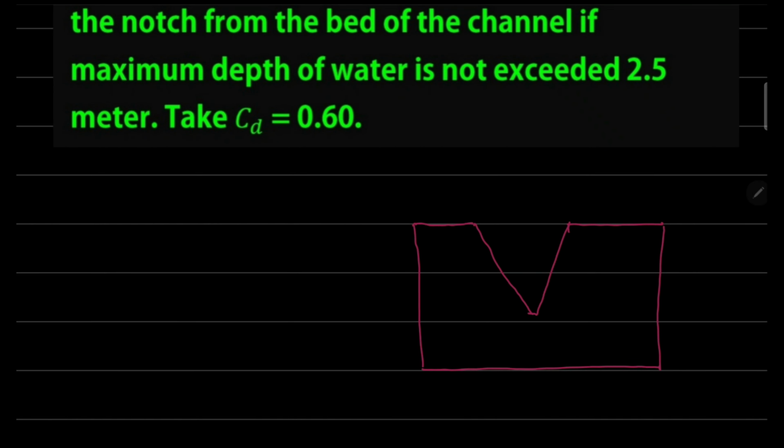So if we draw the sketch of the particular problem, the channel shown over here is a rectangular channel, in which a V-shaped or you can say triangular notch is established, and this notch is at some height above the channel bed.